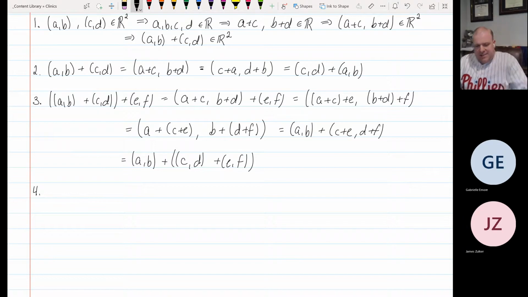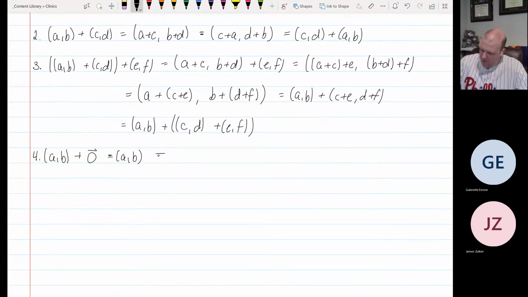Fourth axiom is the existence of an additive identity. So we have to say (A, B) equals (A, B) plus some additive identity. I'm going to call it the zero vector. It has to equal (A, B), so we have to show that such a zero vector exists.